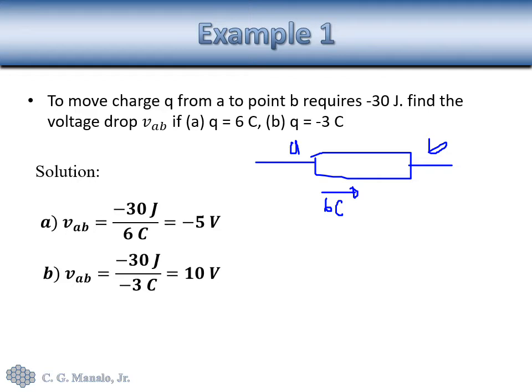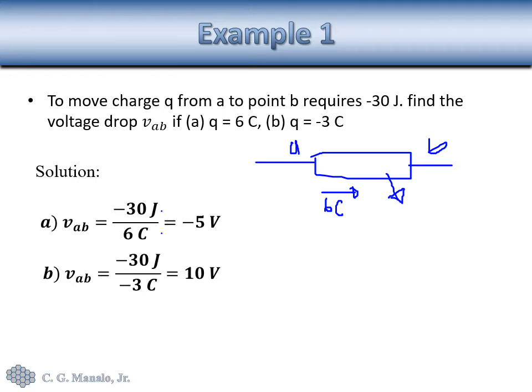And as the problem says, negative 30 joules is required to move a 6 coulomb charge. Now, negative 30 here means that the element is actually losing energy. So that is 30 joules of energy. And so when we compute the voltage across A and B, that would be negative 30 divided by 6 coulombs, and that will give us negative 5 volts.